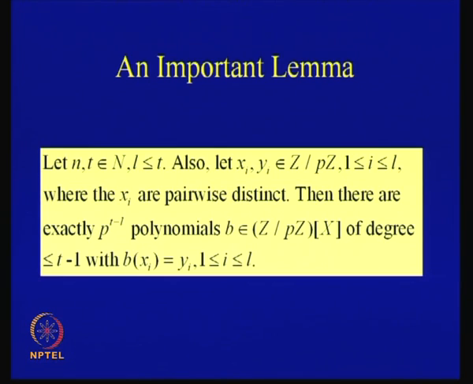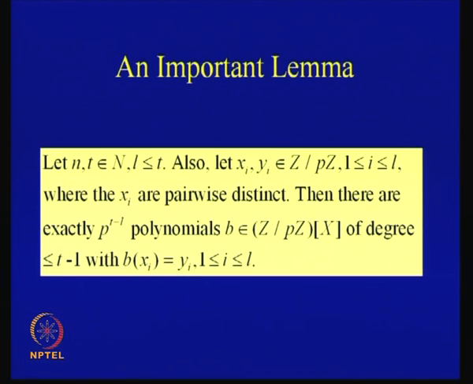It says that let n, t be natural numbers and L be less than or equal to t. Also, let xi, yi belong to Z/pZ, that is, the congruence set generated by p, where p is a prime number, so you can generate from 0 to p minus 1.